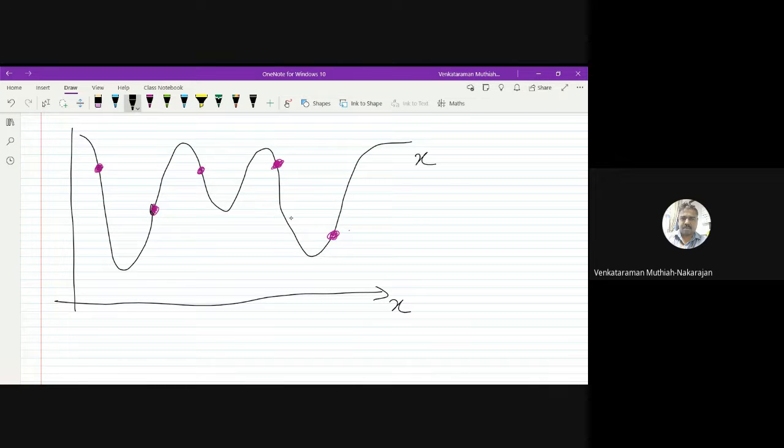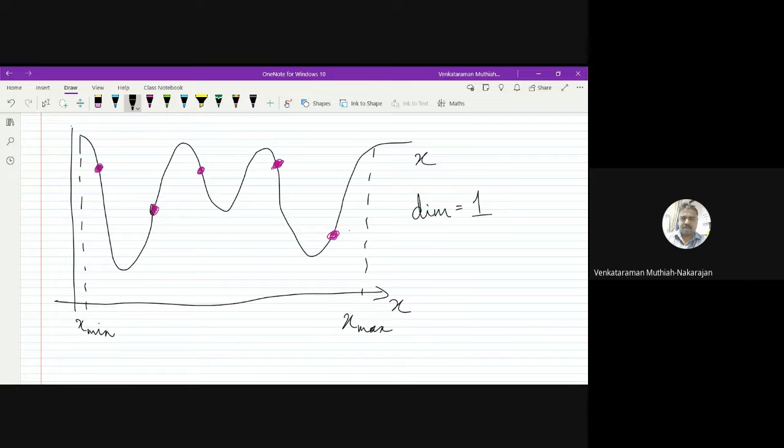They represent the particle. And each of these points is initialized randomly between X-min and X-max. This is a one-dimensional case, dimension equal to 1.